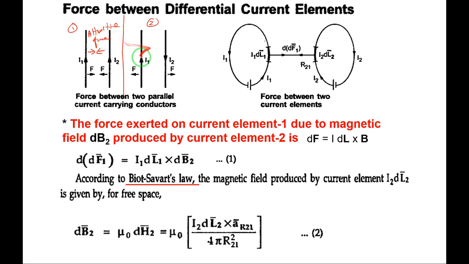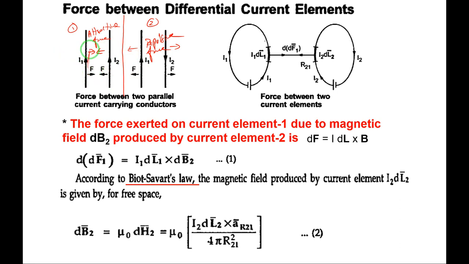Then observe the second diagram. Two differential current elements are there. In one of them the current I is flowing upward, and in the other it is flowing in the opposite direction compared to element 1. Whenever the currents are in opposite directions, there exists a repulsive force between the two differential current elements. Please keep this in mind. With charges, we have seen like charges repel and unlike charges attract.